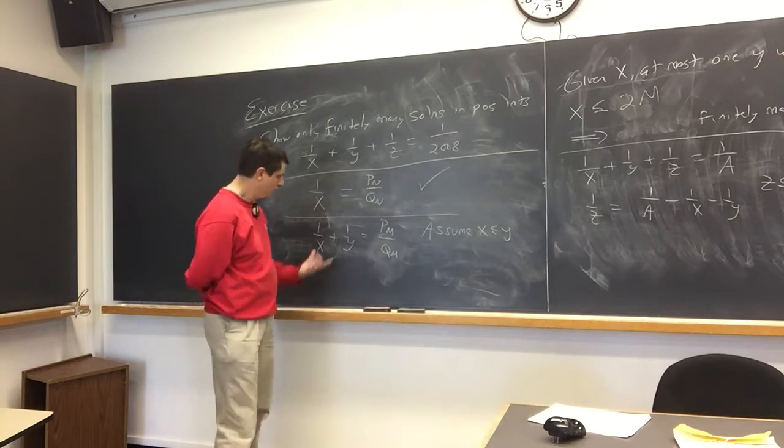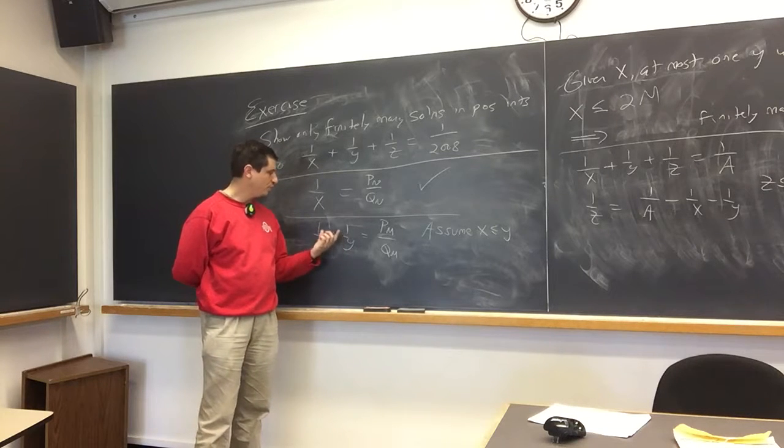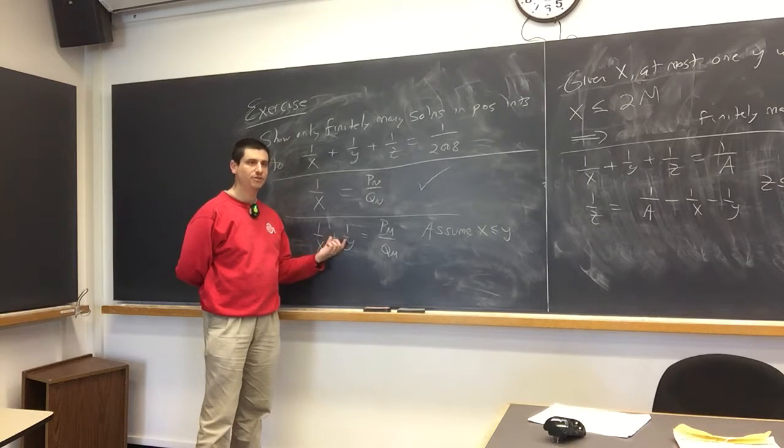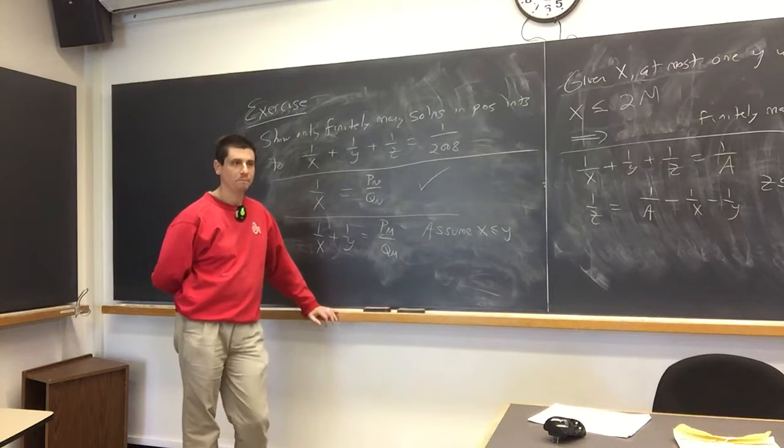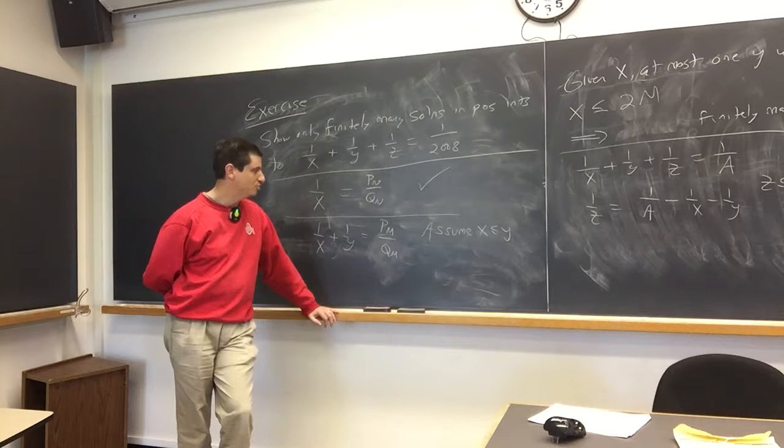And in either case, 1 over x plus 1 over y is still going to be very, very small, and it's still going to be some real number. And so in terms of being able to equal the Pm over Qm, in fact, we're going to have enormous trouble if Pm gets very large.